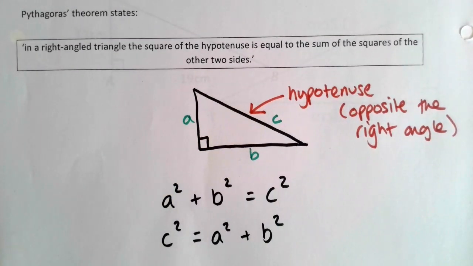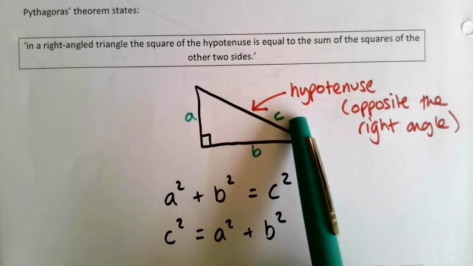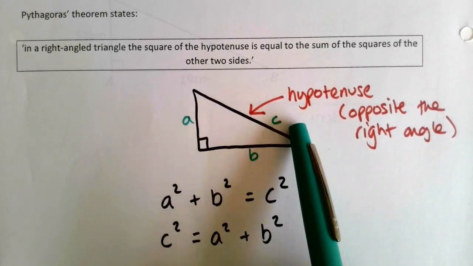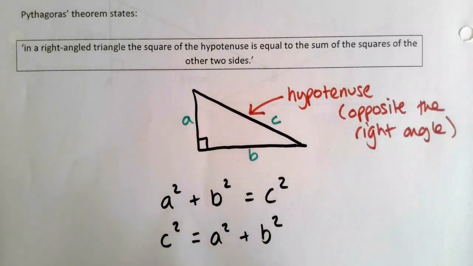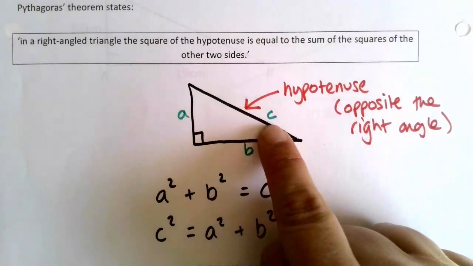So for today's lesson, we're just going to be focusing on finding the length of the hypotenuse, so finding the length of this longest side on the triangle. Okay, so make sure you label these on your triangle as well, so that you know the hypotenuse is always C.